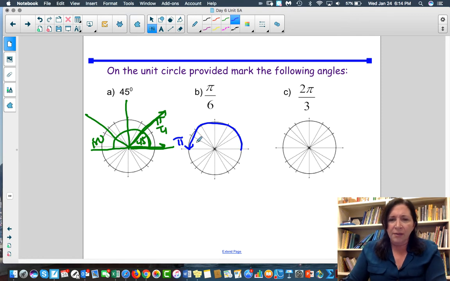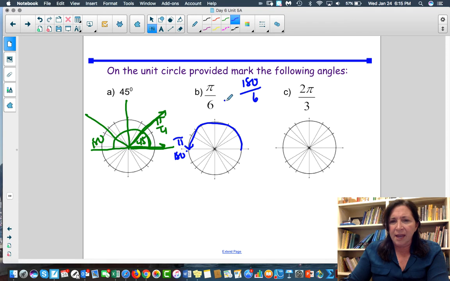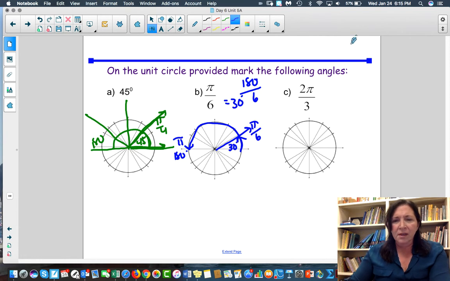Well, this top part is 180 degrees, right? So I'm taking 180 degrees and dividing that by 6, and I'm getting 30 degrees. So pi over 6 is this angle from here to right here, which is 30 degrees. 30 degrees is equivalent to pi over 6.